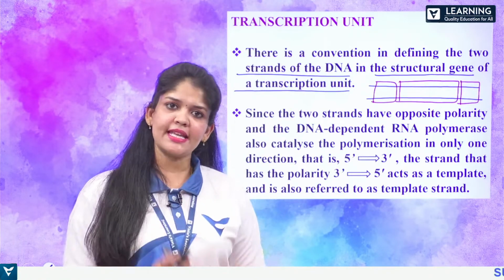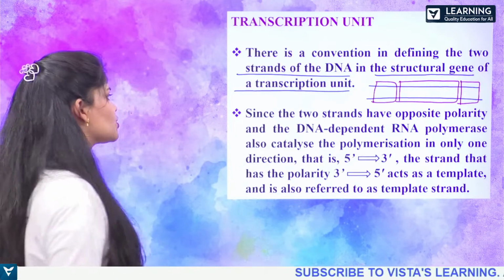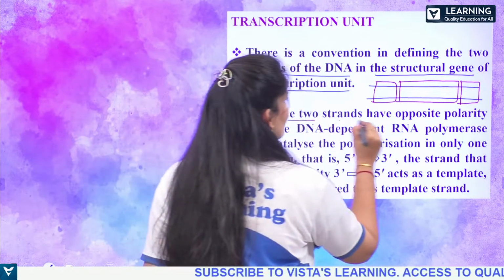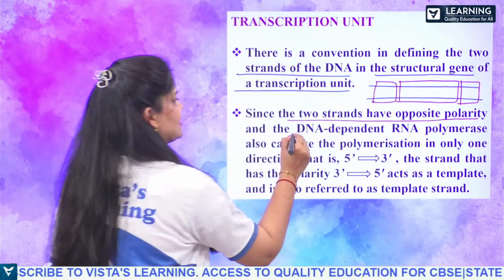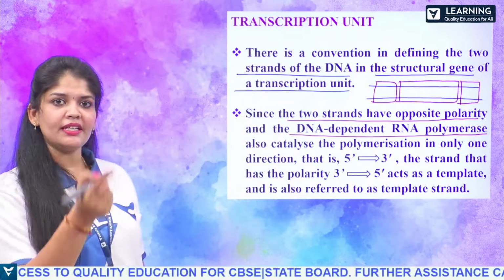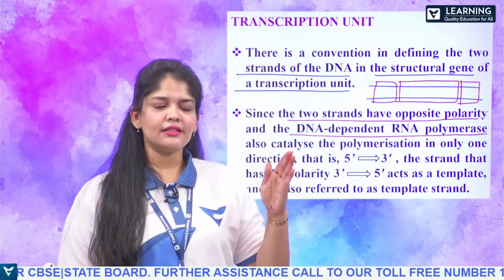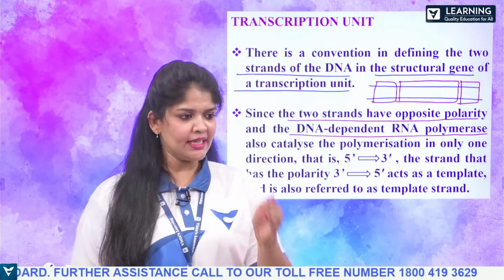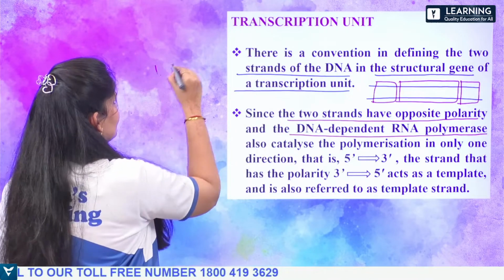Here also, the same polarity applies for RNA polymerization. Since the two strands have opposite polarity, the enzyme in replication is DNA-dependent DNA polymerase, because the synthesizing strand is also DNA and the template strand is also DNA.